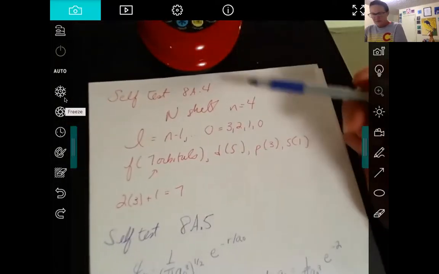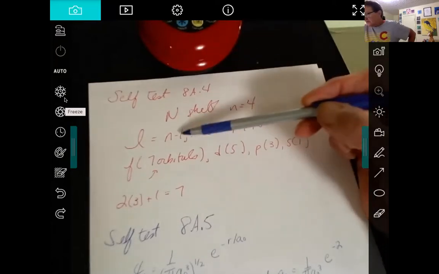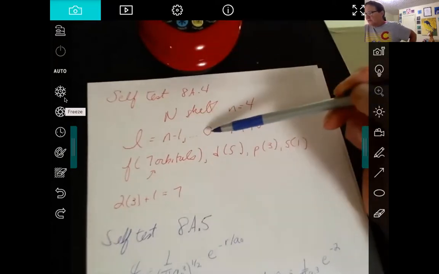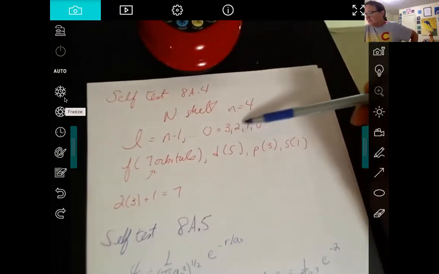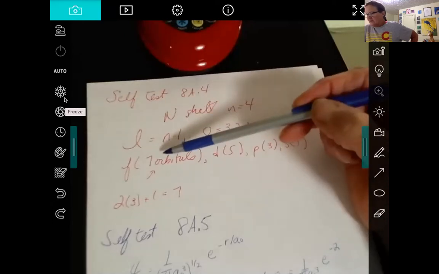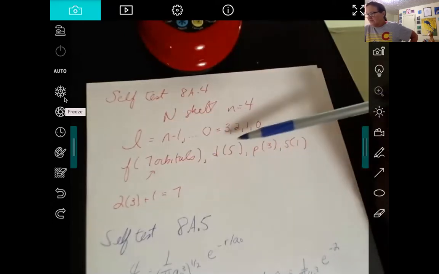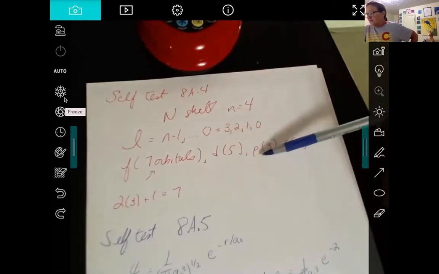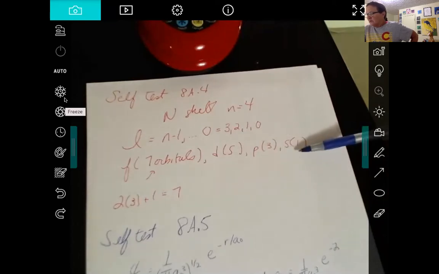Yeah, I did do it. So if n equals 4, then we can have L equals 3, so n minus 1 down to 0. We'll have 3, 2, 1, and 0. So we're going to have f orbitals, there'll be 7 of them. D orbitals, 5 of them. P orbitals, 3 of them. S orbitals, 1 of them.